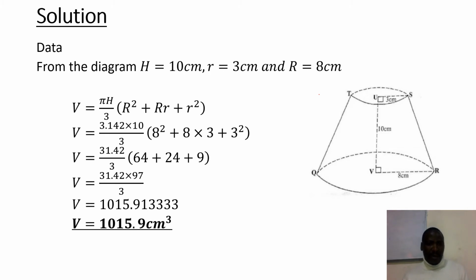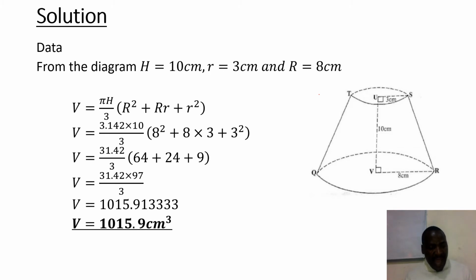1015.913333. Now, according to our syllabus, there is a demand that all the time we round off the answers, if the value is not exact, to 3 significant figures.